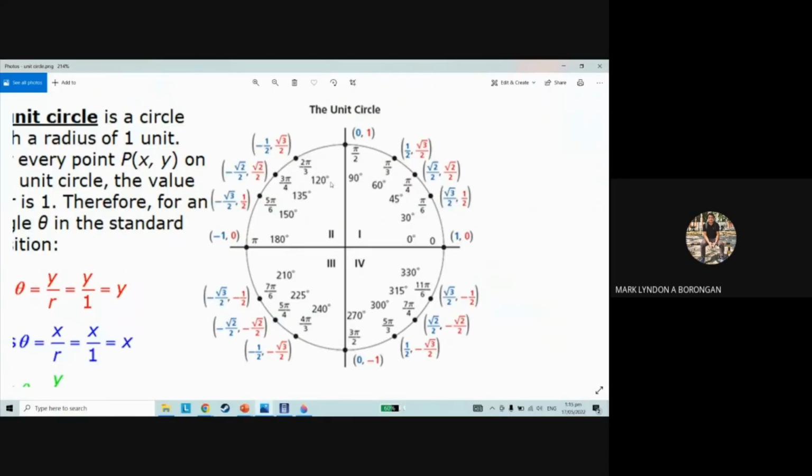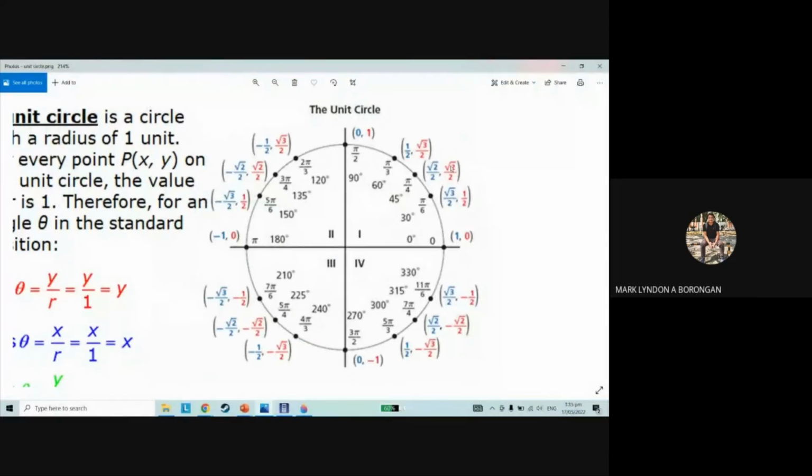Why pi over 4, sir? Remember that pi over 4 is a very special angle because its sine and cosine coordinates are the same. They only differ as you move to the next quadrants.